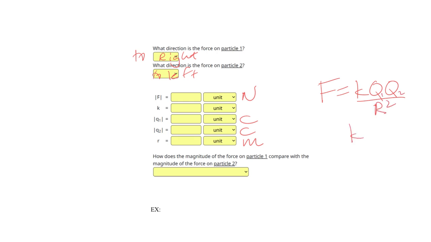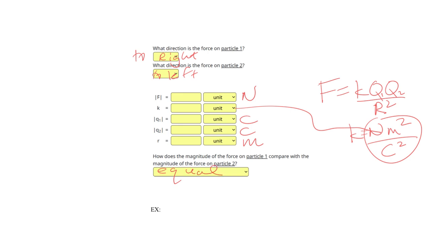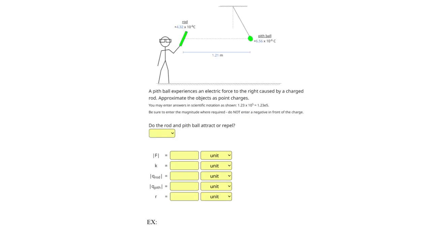So K would be newtons times meters squared over coulombs squared. I solved all those in another problem. These are equal because of Newton's third law of motion. Okay, next.